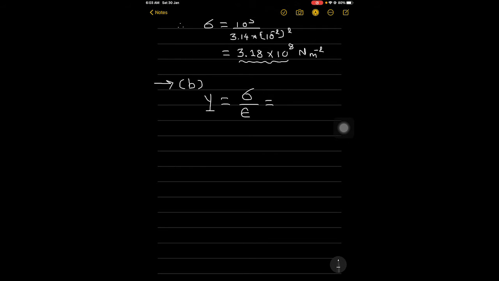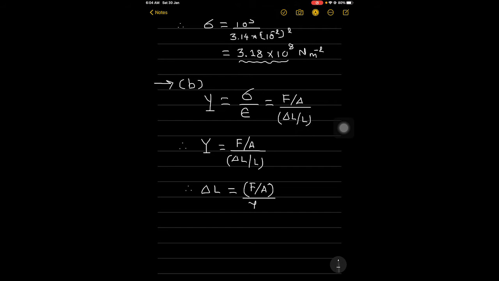Now stress, that we have already determined, can be written as F over A, and strain is nothing but delta L over L. So when we combine this, Young modulus Y is equals to F over A upon delta L over L, and therefore delta L is F over A upon Y into L.